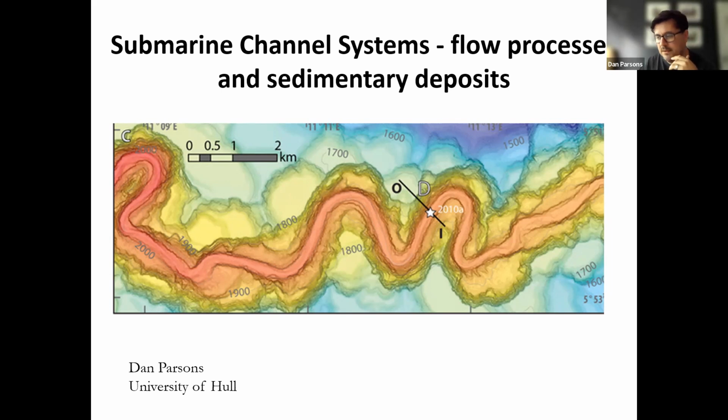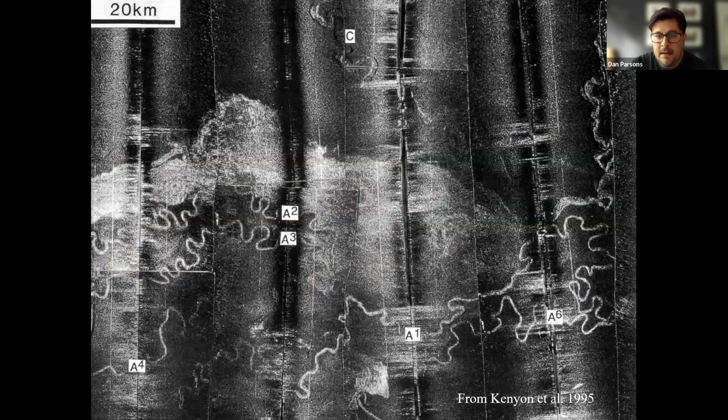So let's see if this works. So move on. Of course, these channels across our seafloors and the Pacific have only recently been discovered, really, the past 40, 50 years, where technology, acoustic technologies, survey technologies have allowed us to begin to capture the sizes and shapes of these channels that extend across our sea floors.